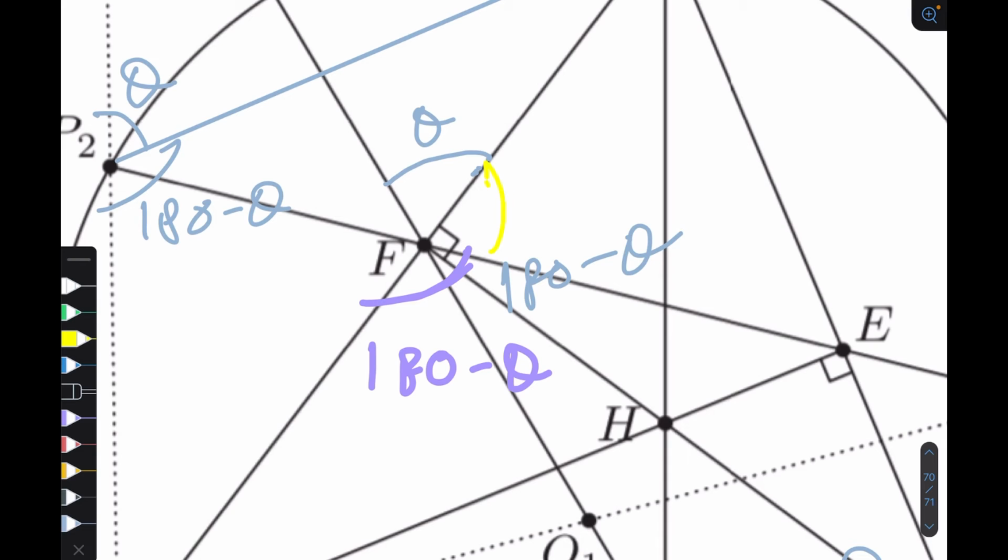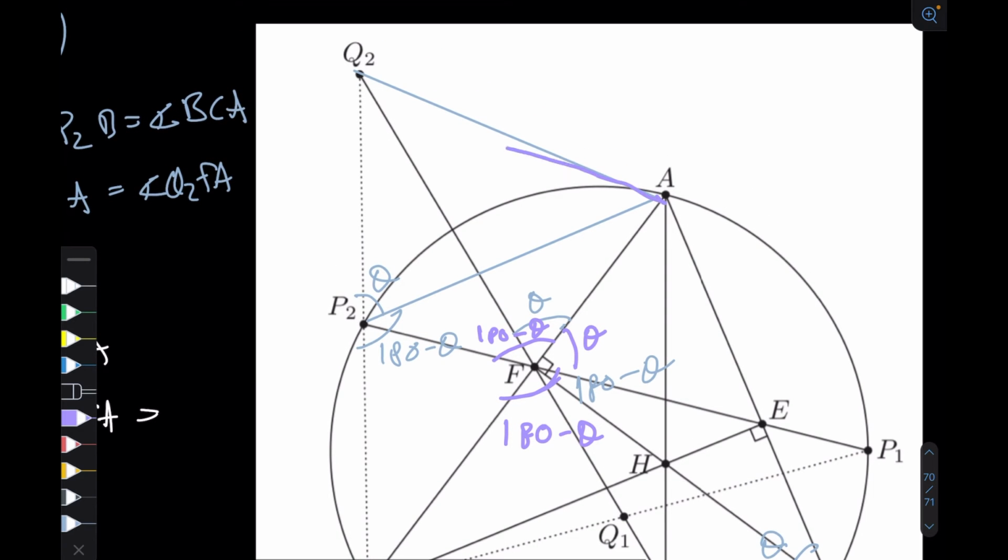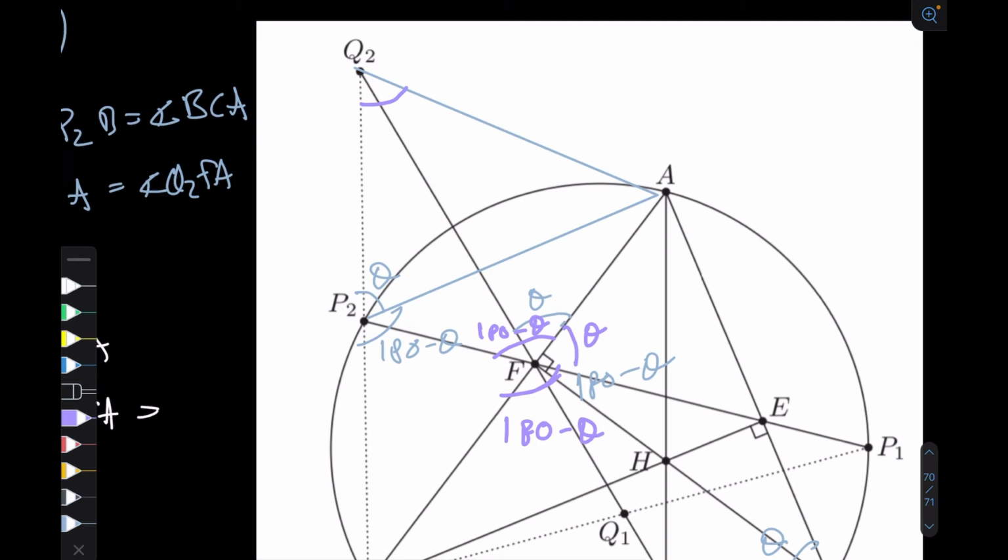this, so let me use the purple color. We have proved now that this is theta. In other words, this is 180 minus theta, but we previously proved that this whole thing is a cyclic quadrilateral. So if this is 180 minus theta, then this has to be theta, and that is in fact what we had to prove, that these two angles are equal.